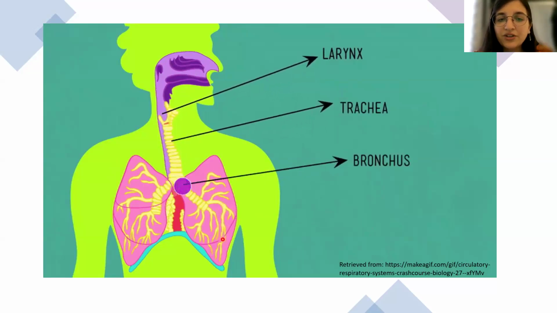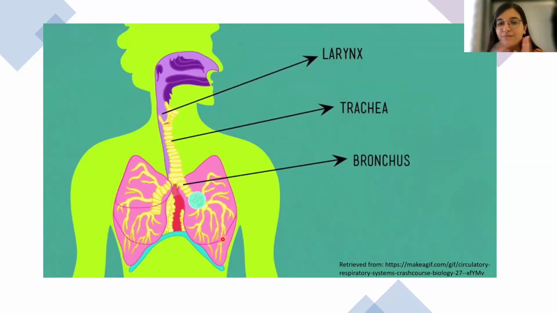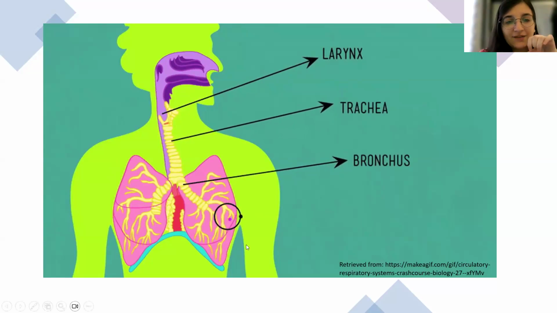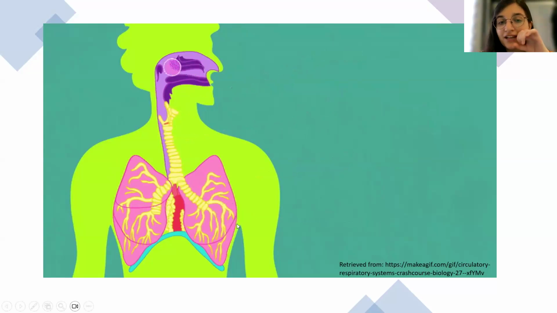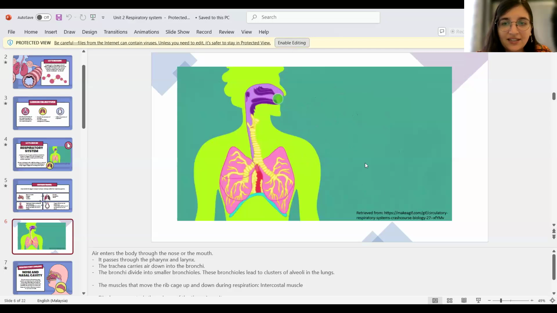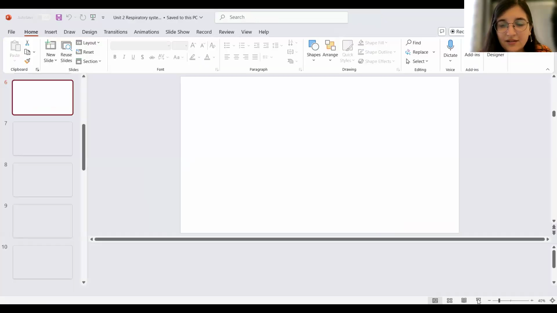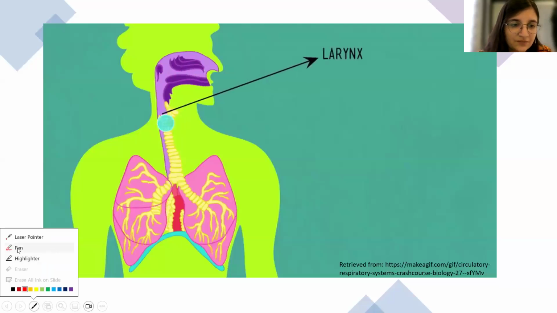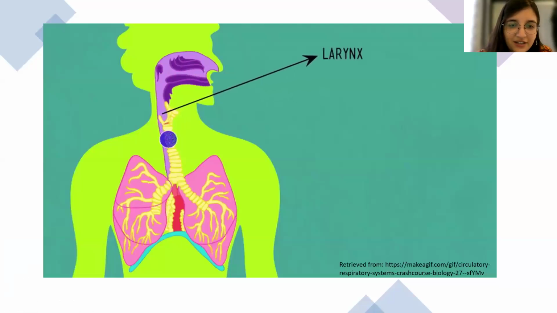There are many bronchioles, because bronchioles are attached to what we saw just now, the alveolus, and there are millions of alveolus in your body. So let me enable editing. Let me draw out the bronchioles. Over here at the end, you have bronchioles.